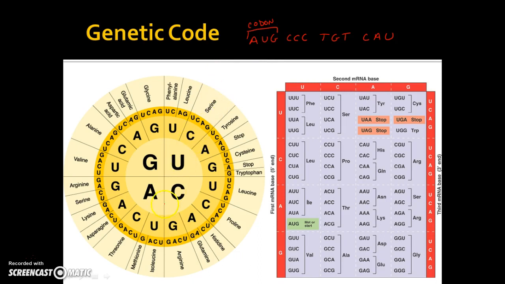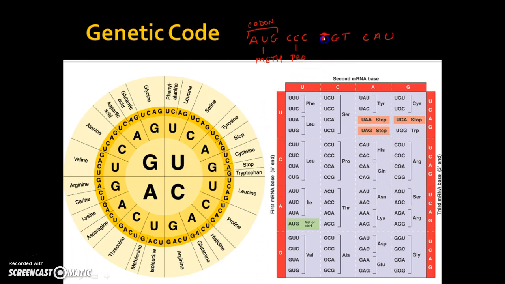During translation, we're going to translate this code into an amino acid code. Our first one would be methionine. Then CCC, a C, C, and another C, would be proline. So this codon would code for proline.